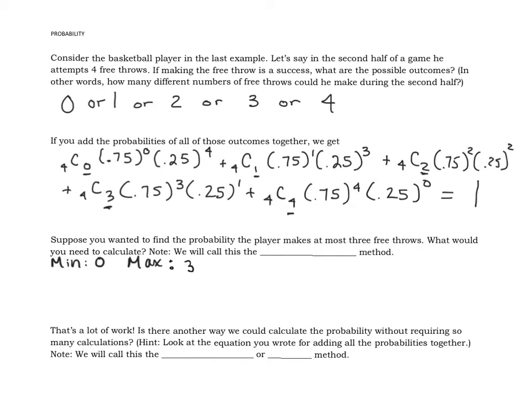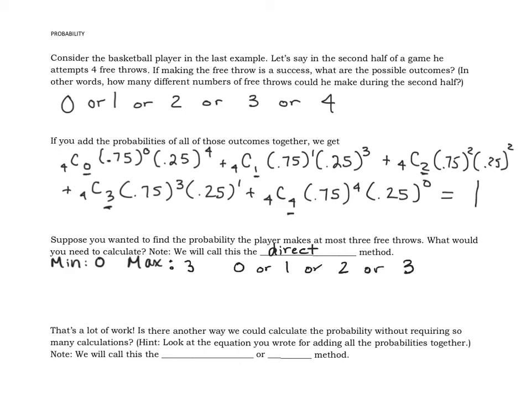Okay, so the first way we're going to do this, we're going to call this the direct method, because we're going to figure this out for 0 or 1 or 2 or 3 successes.